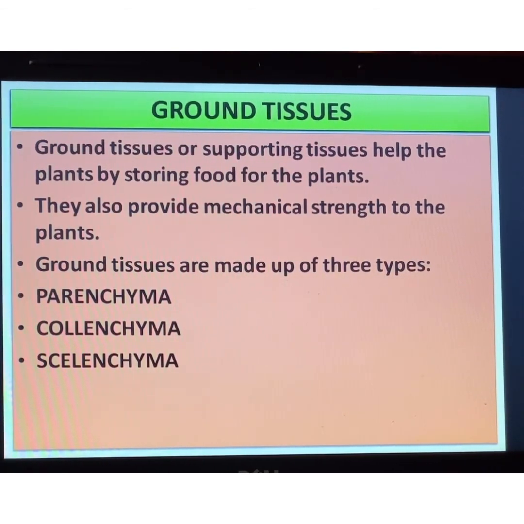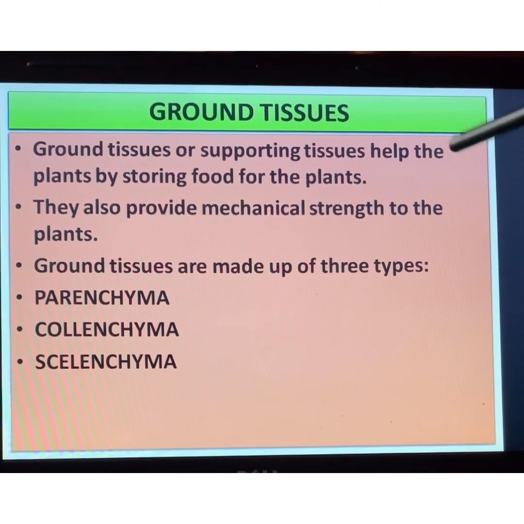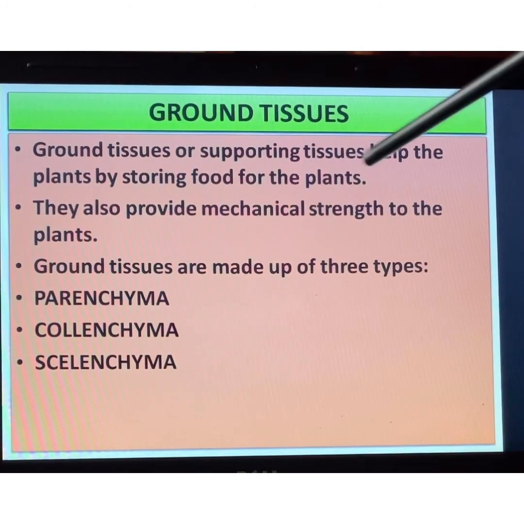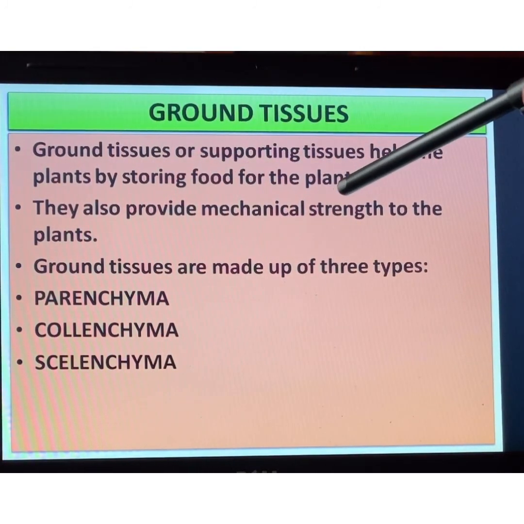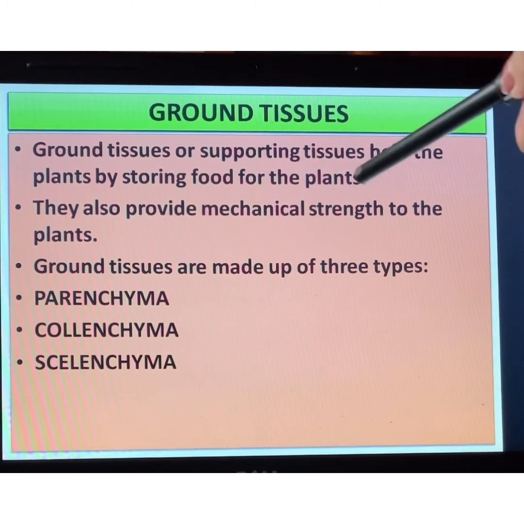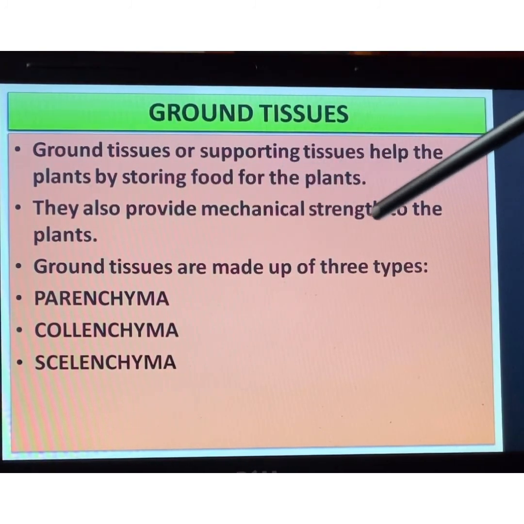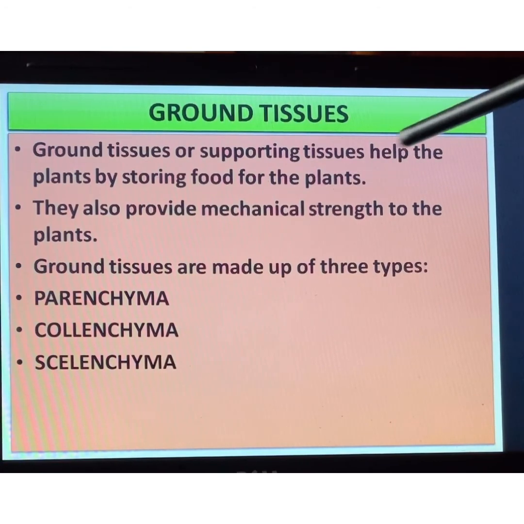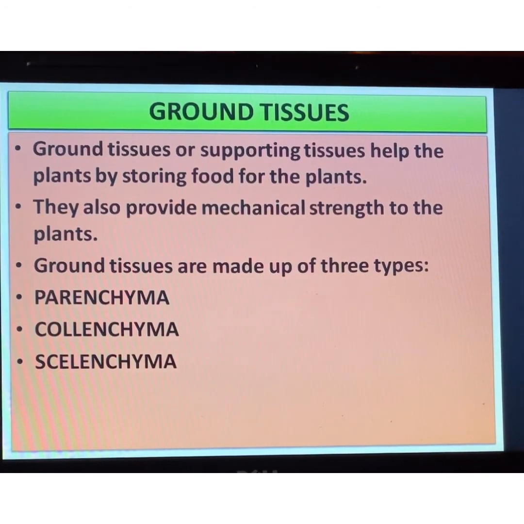So you can see here that the ground tissues or supporting tissues help the plants by storing food. They also provide mechanical strength to the plants. Now, what is providing mechanical strength? The plants need support to stand straight, otherwise they will all start toppling down.